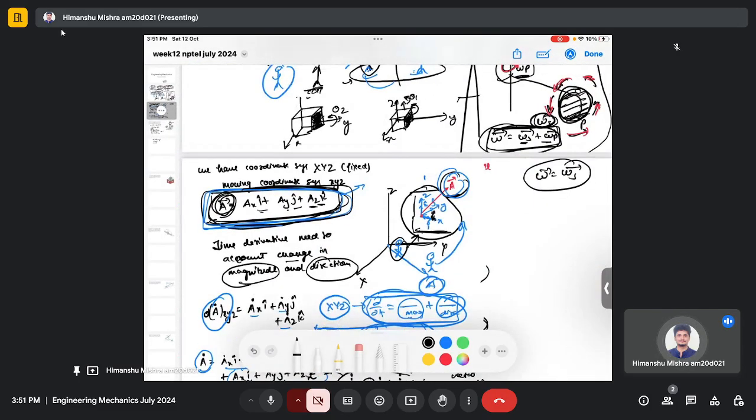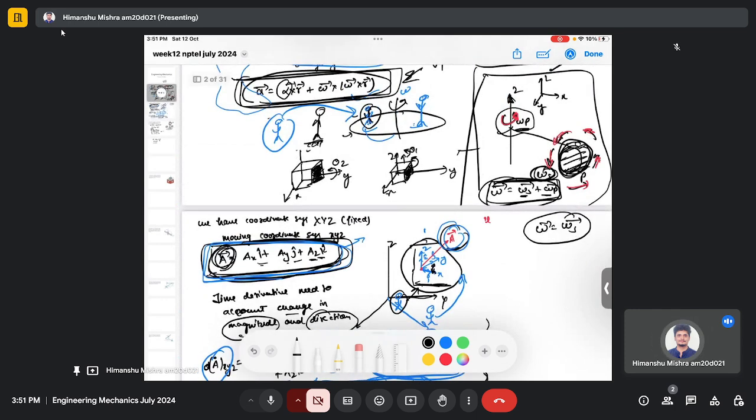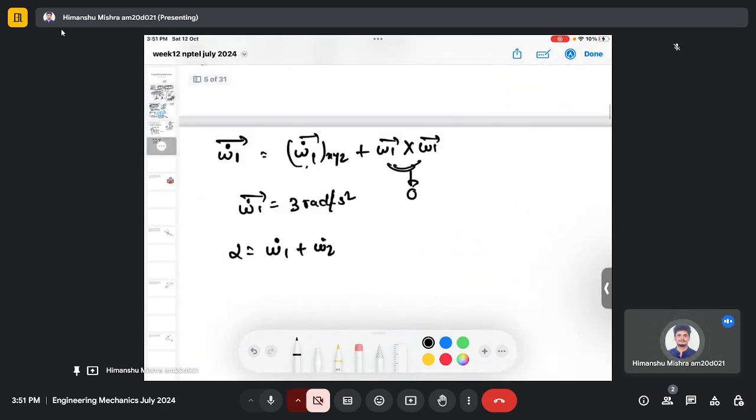So this is the resultant spin of this disk, which is omega s plus omega p. If you take the time derivative of this, you will get omega dot s plus omega dot p. Similarly, I have omega dot 1 and omega dot 2. Then the resultant will be the angular acceleration.